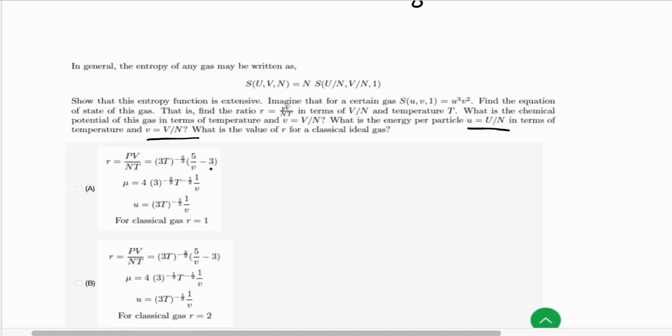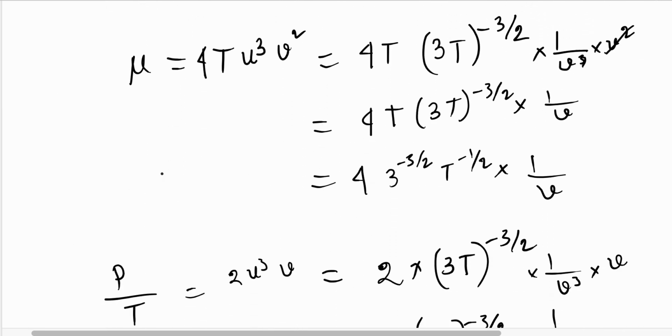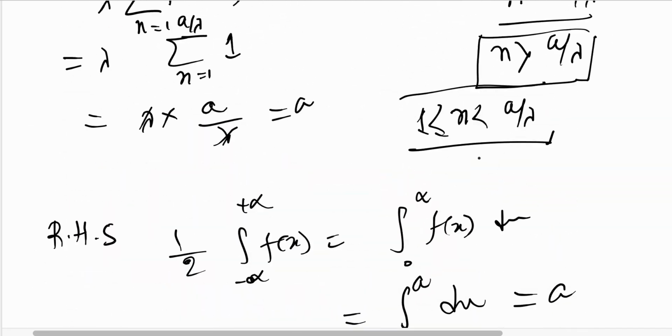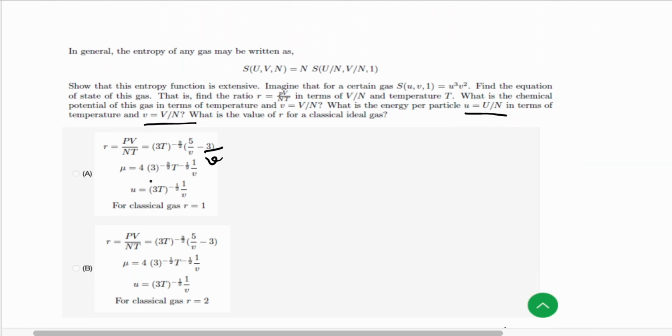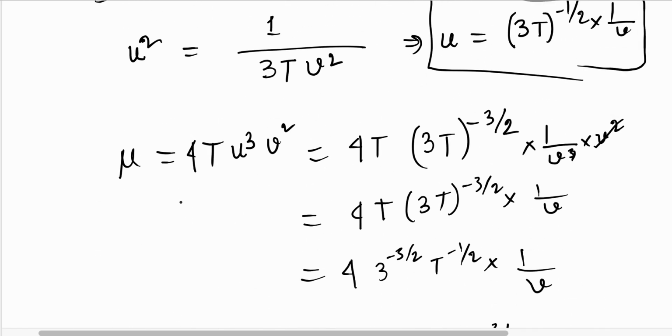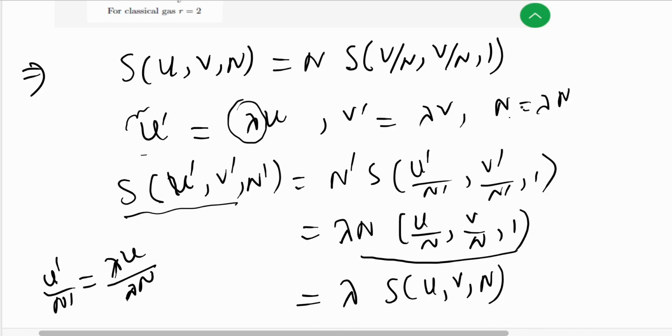So we got the result mu equal to 4 into 3 to the power minus 3 by 2, T to the power minus half by V. And u is 3T to the power minus half by V. Does it match? Yes, u matches.